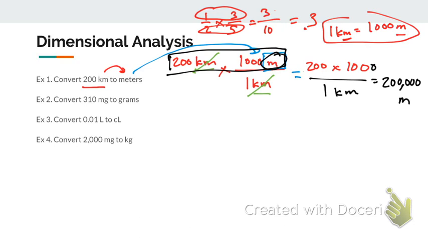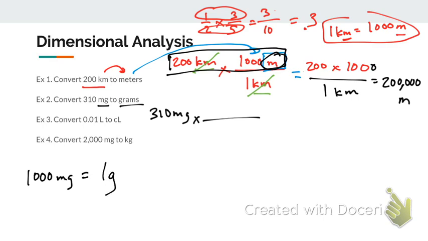All right, so let's try the next one. I'm going to start with 310 milligrams. I'm going to multiply it by a conversion factor. So if I'm going from milligrams to grams, I know that 1,000 milligrams equals 1 gram. So you have to memorize these. So you know milli, there's 1,000 milli in one base unit, and here we're talking about grams.